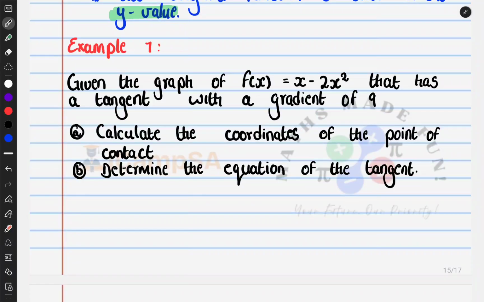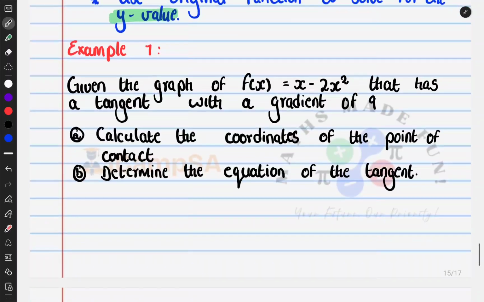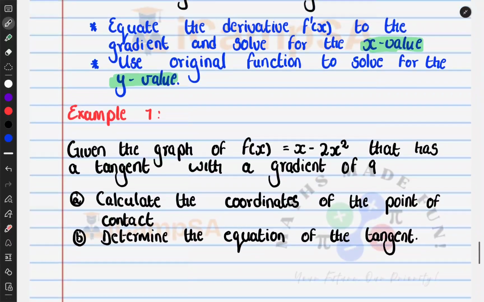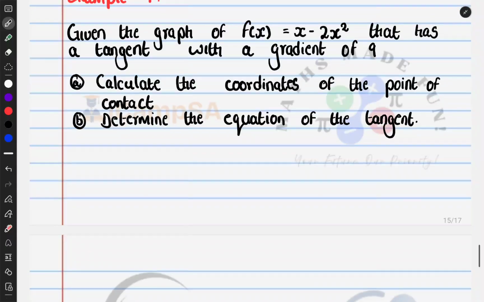So given the graph of f of x is equal to x minus 2x squared, find the point where the tangent has a gradient of 9. Okay, so what's the first step? We equate the derivative of f at x, f prime x, to the gradient, and then we solve for the x value.